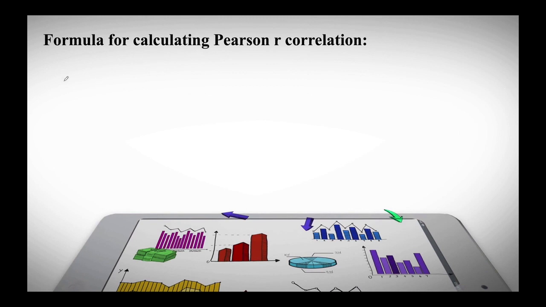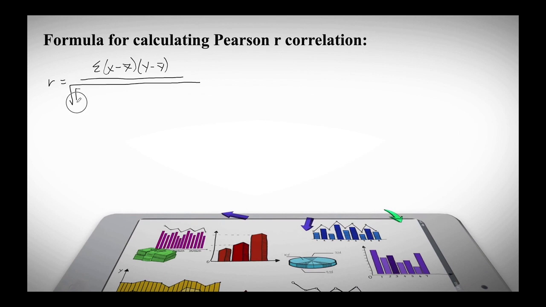Let's write it here. So it is denoted by letter R equals, for the numerator, we need to have here the summation of x minus x bar multiplied to y minus y bar. For the denominator, we have here the square root of, medyo mahaba siya, habaan natin, ayan.